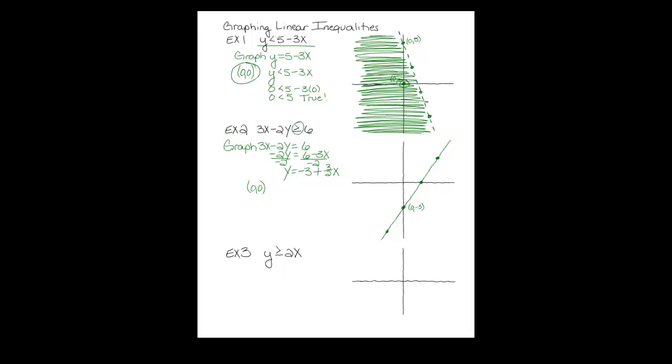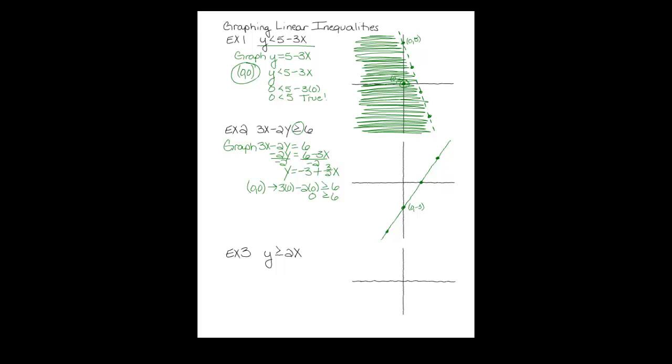So 0, 0, always a favorite test point. 3 times 0 minus 2 times 0 is greater than or equal to 6. You always want to plug it into your original problem. 3 times 0 is 0, minus 2 times 0 is 0, gives us 0 on the left-hand side, is greater than or equal to 6.